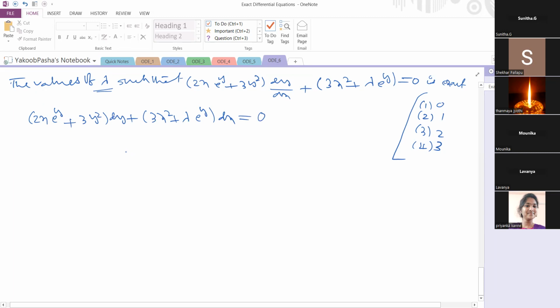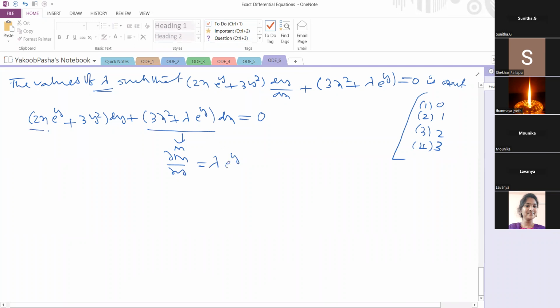So compare this differential equation with M dx plus N dy is equal to 0. This is the value of M. So from this we can find dou m by dou y, which is 0 plus lambda e to the power of y, simply lambda e to the power of y.